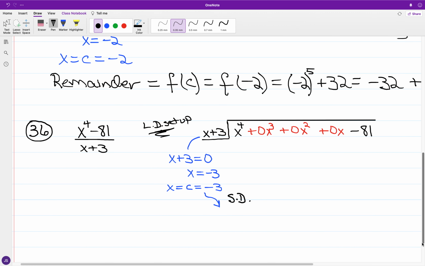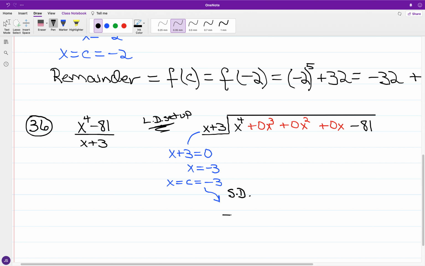And so for the synthetic division, we have -3, with the coefficients: 1 for x to the 4th, 0 for x cubed, 0 for x squared, 0 for the missing x, and -81.